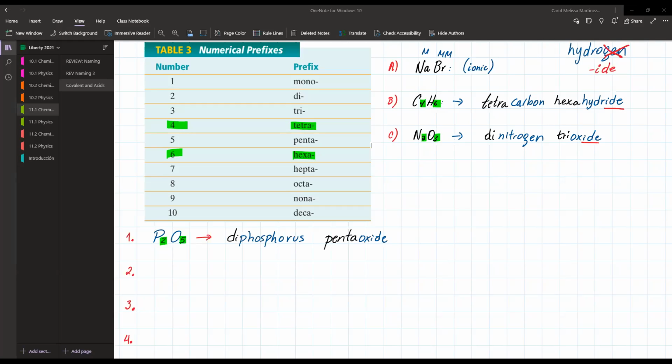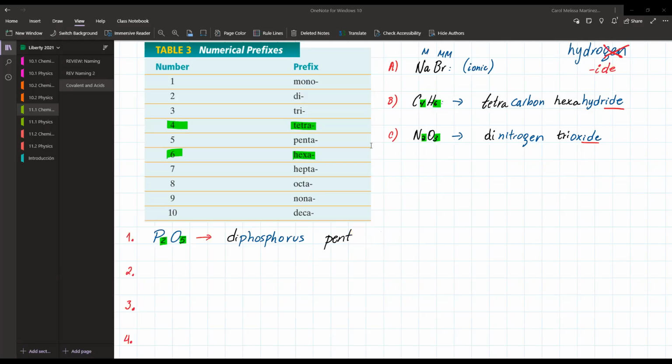Okay, remember this rule. This is a review, okay? All the prefixes end in vowels, but when they end in open vowels like penta, deca, all of them, and the next element you have to mention also begins with an open vowel, you have to drop the A, and you're just going to say pentoxide.